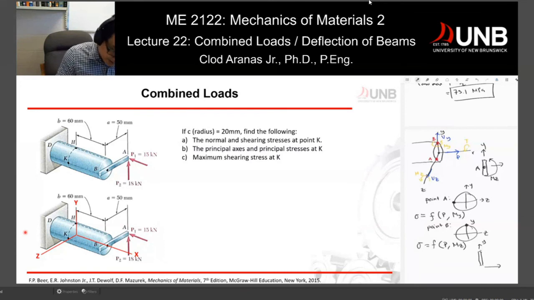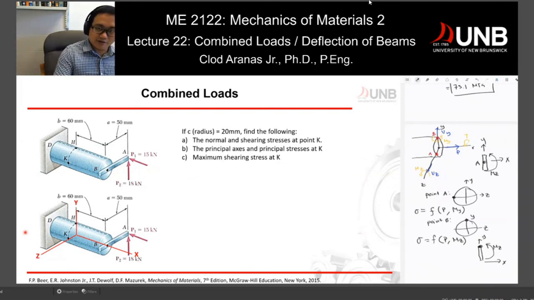Your point B is at the top, and your moment is like this, which means your M sub Z is compressing or pulling the other parts. So you can see the clear difference when you move from point A to point B, that these two have a different effect.